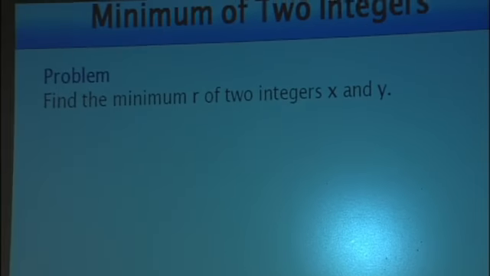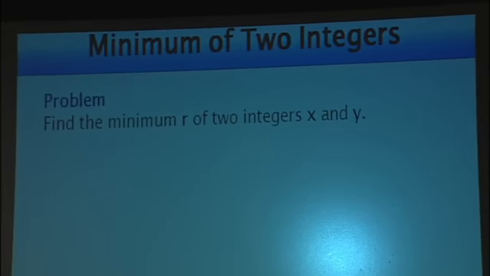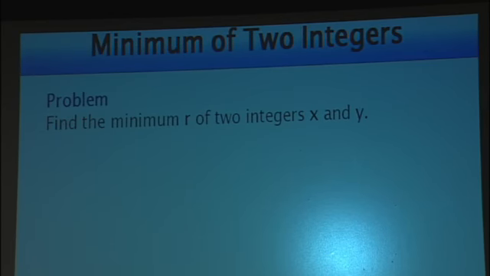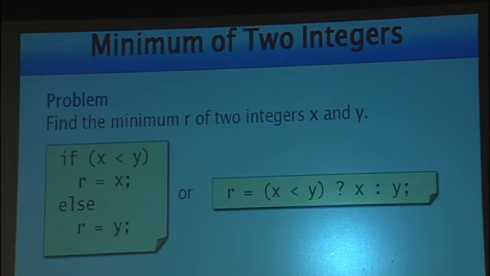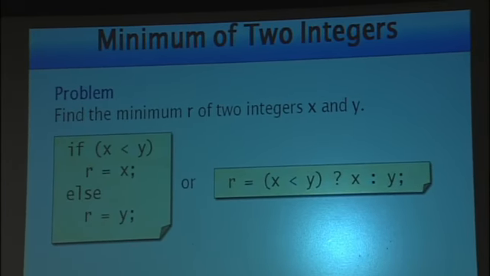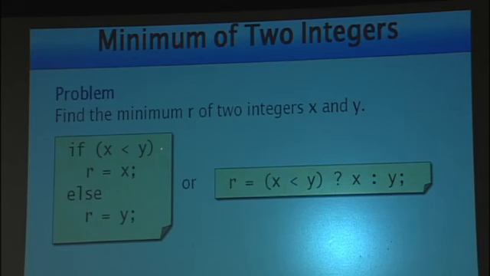Now here's a real bit hack and a real useful one. Finding the minimum of two integers x and y. Gee whiz, let me just call a subroutine or something. You might be tempted to write something like this. If x is less than y, then the result is x.